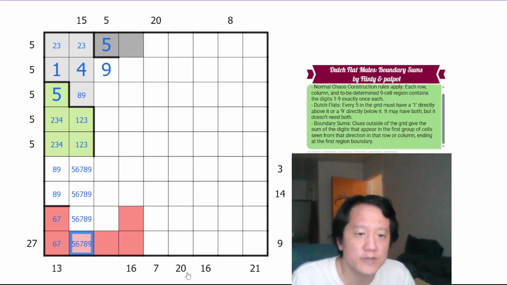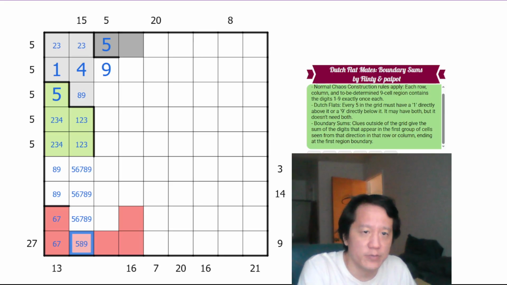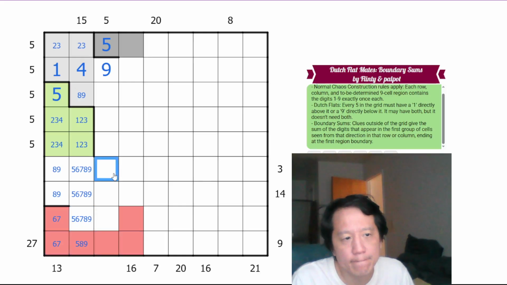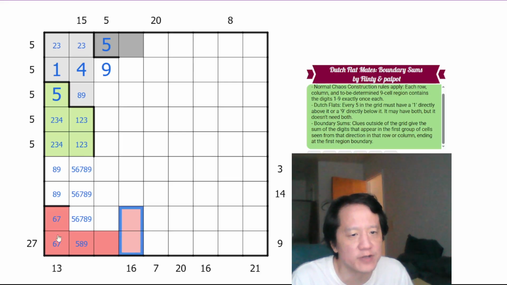Okay, this can't be 6 or 7 because of 6 or 7 in the region. This must be greater than 3 digits. If we try to have it as 2 digits, it would only be 7 and 9, but we already have a 7 in that region.